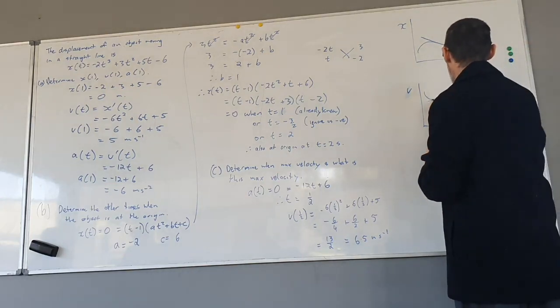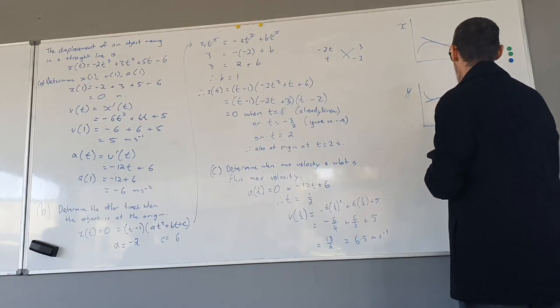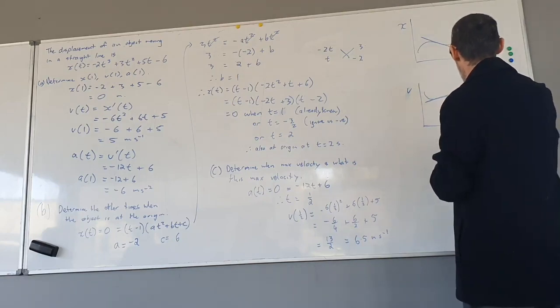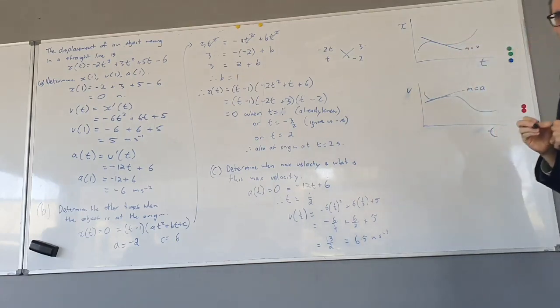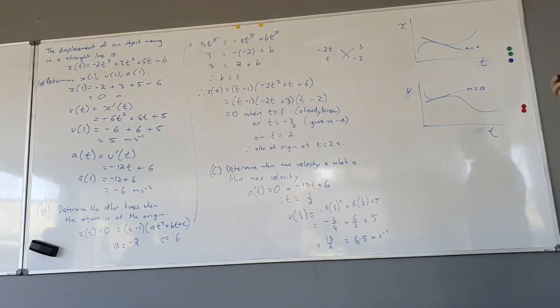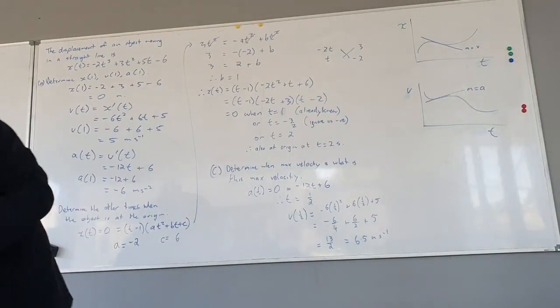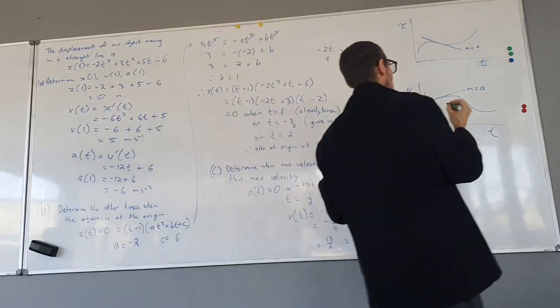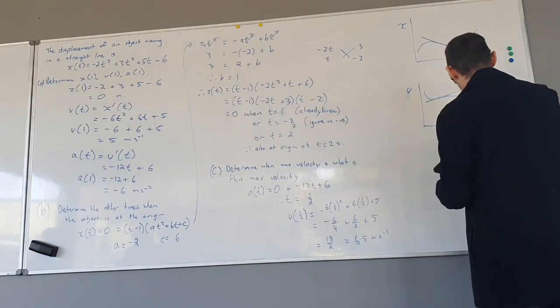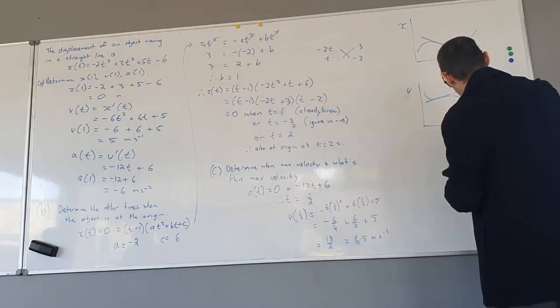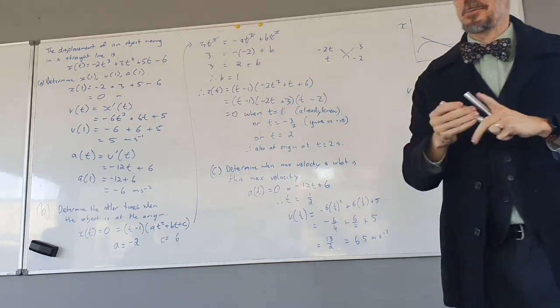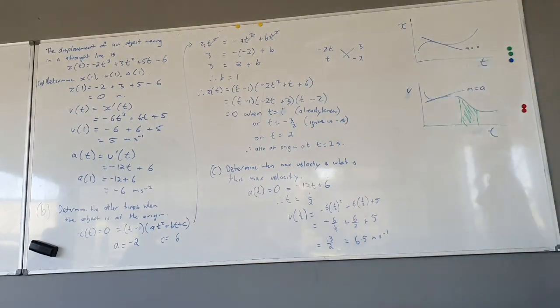What does the gradient of this graph represent? Acceleration. Correct. What's the area under this curve represent? That's harder. Displacement. Correct.